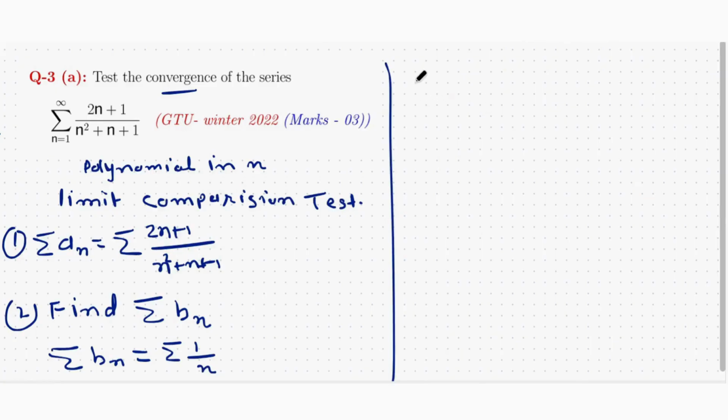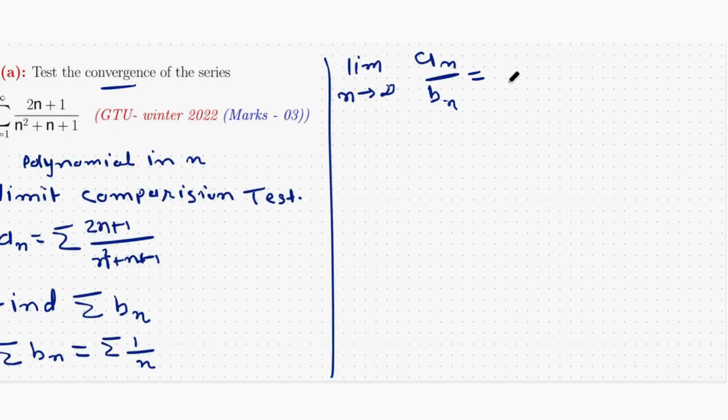नेक्स्ट फाइंड लिमिट n टेंस टू इंफिनिटी an अपॉन bn. मतलब कि अब हम क्या कर रहे हैं, यहाँ पे लिमिट कंपैरिजन टेस्ट अप्लाई कर रहे हैं. ओके, सो नाउ फाइंड दिस लिमिट. सो व्हाट वी गेट, limit n tends to infinity.